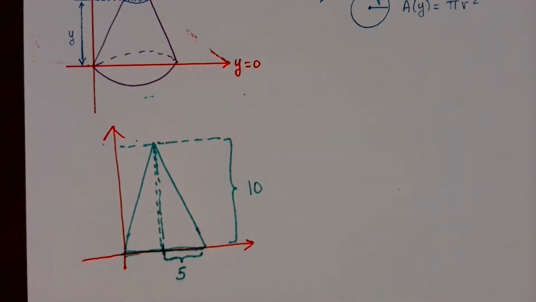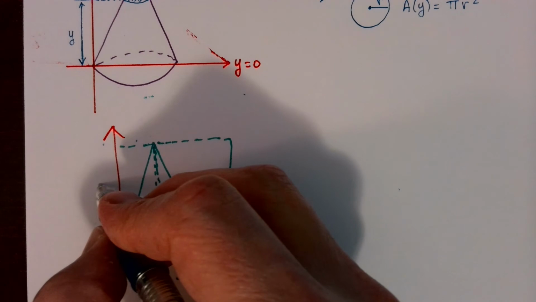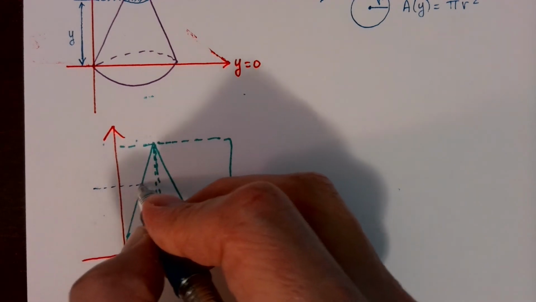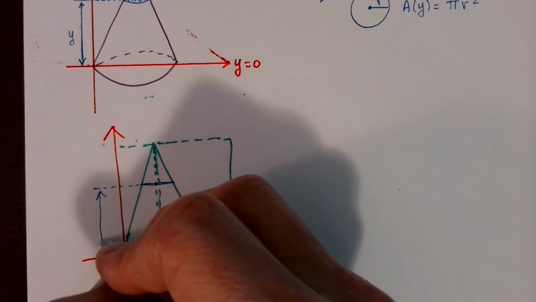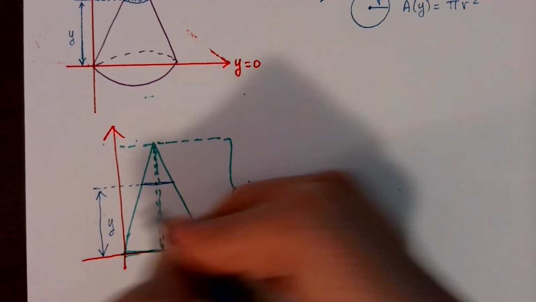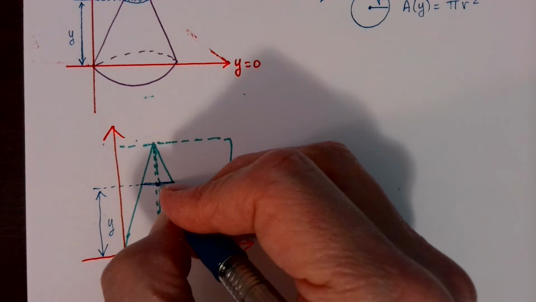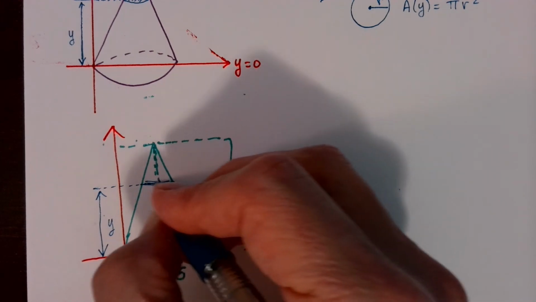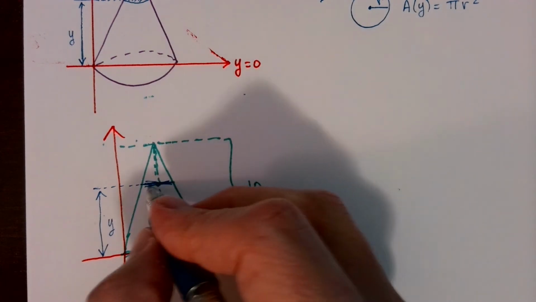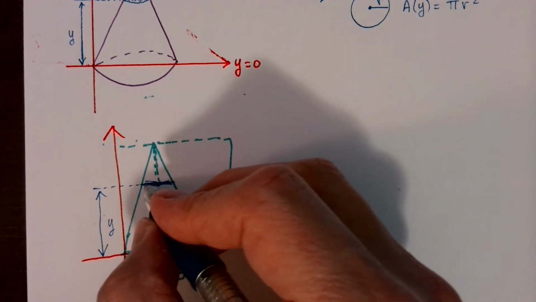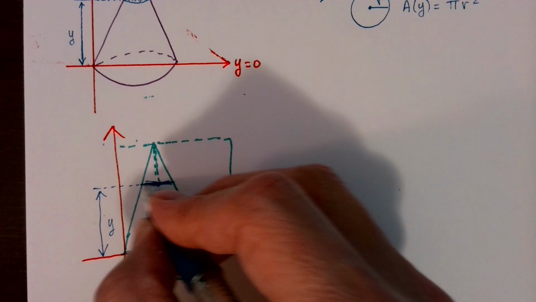Okay, and so remember we came up here to some arbitrary height y, and right here then this is our slice that I've drawn here and pulled out, looking from the side. This is from the side, and so this length here would be the diameter.